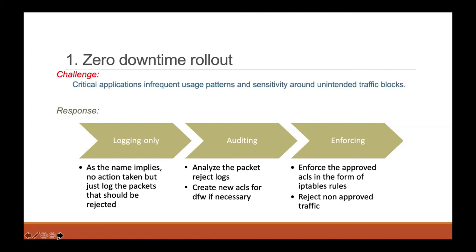If the packets are legitimate and they're being dropped, we create the necessary ACLs for them, and if they are not legitimate, we just leave the packets as they are. So by the end of the second phase, we must be sure that there are no legitimate packets that are getting dropped. And the last one is the enforcing phase, where we start to enforce the approved ACLs.